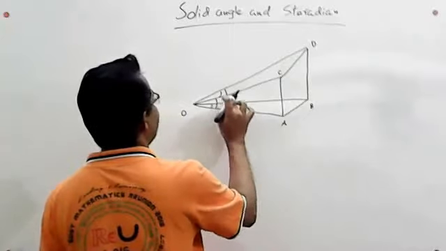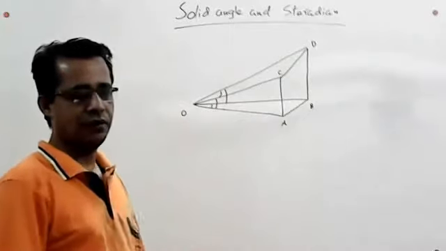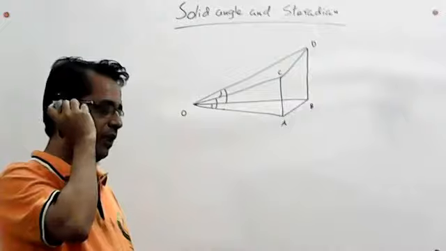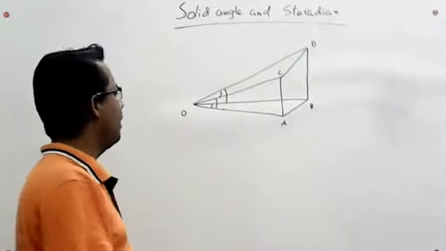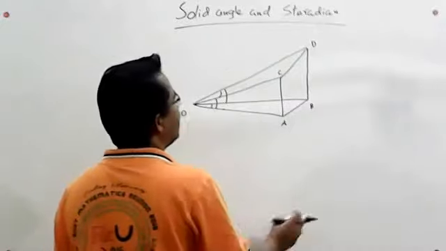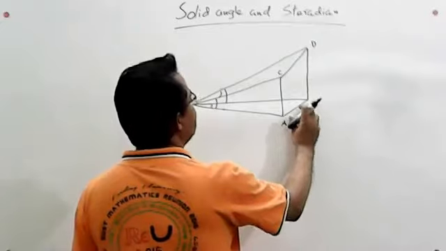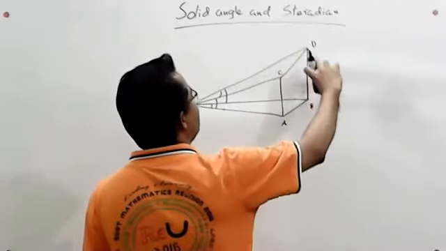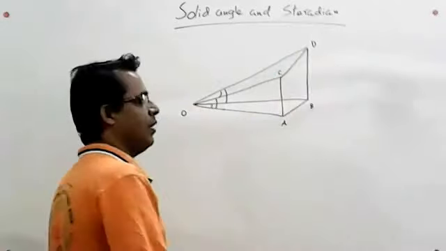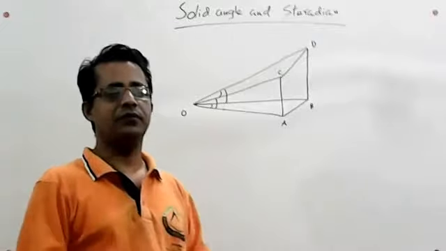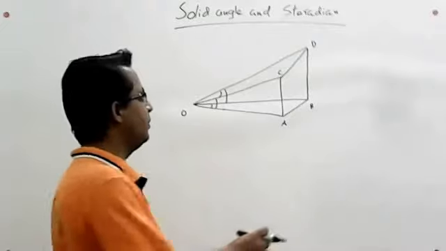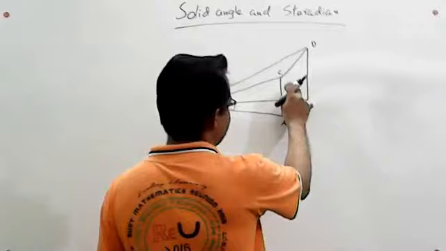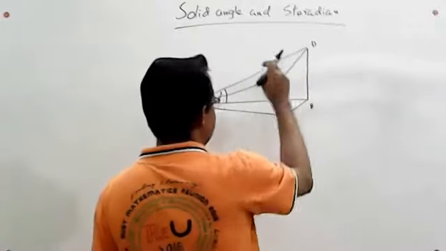So, by these 4 plane angles, we can calculate or measure the length of the lines AB, AC, CD, and BD. But we'll have to measure the whole surface area of this object, ABDC.